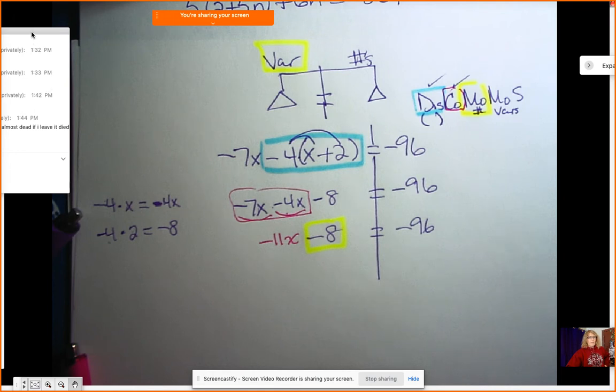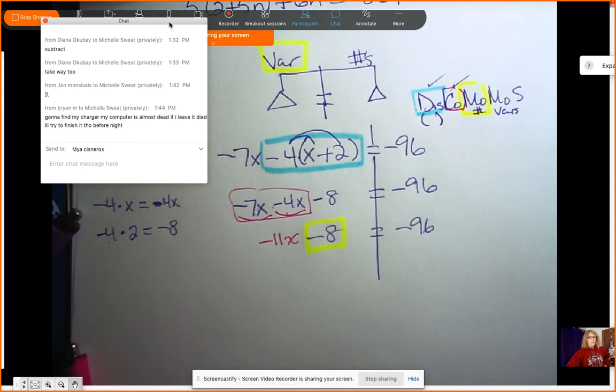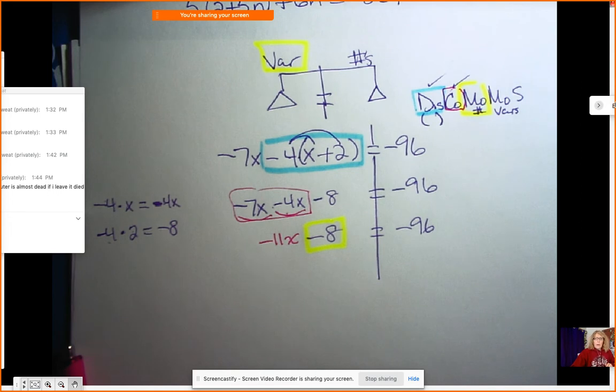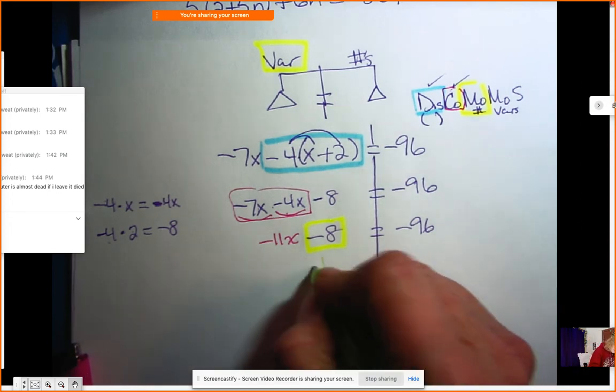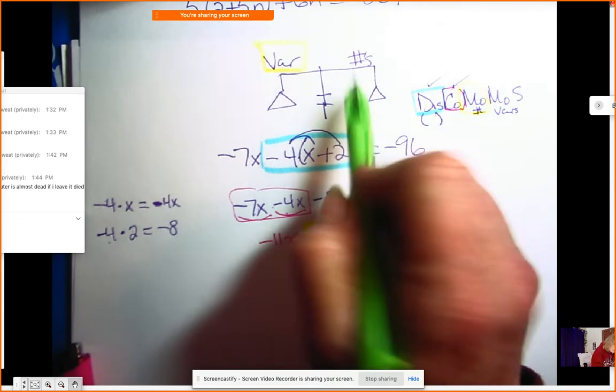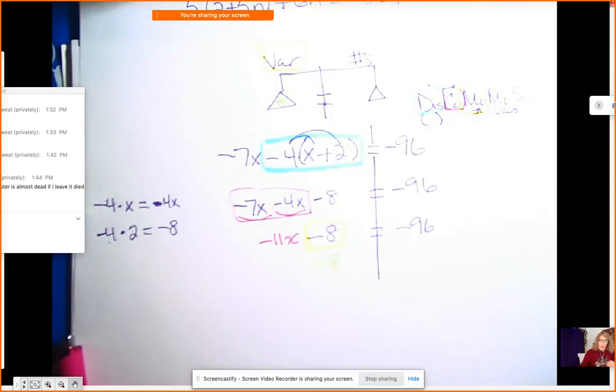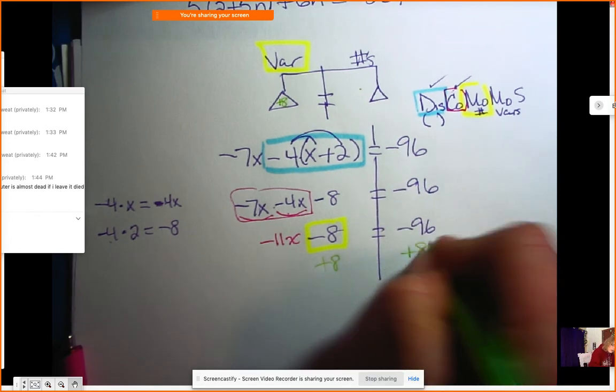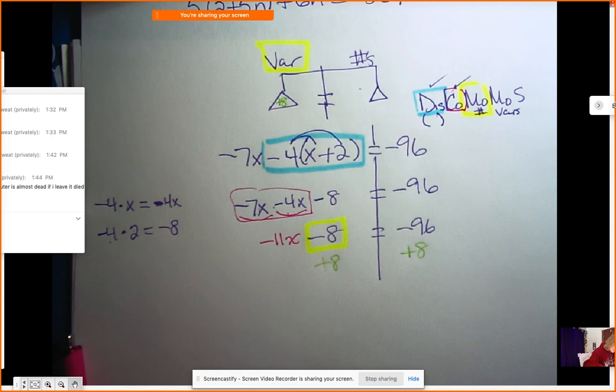What's the opposite of -8? We need to yeah. Now, I don't know who said that because my little thing's way over there. But here's, I'm going to add 8. Remember the scales. If I add 8 right there, what do I have to do to the other side? You got to do it to both sides. Add 8. Okay, now you've got to simplify.